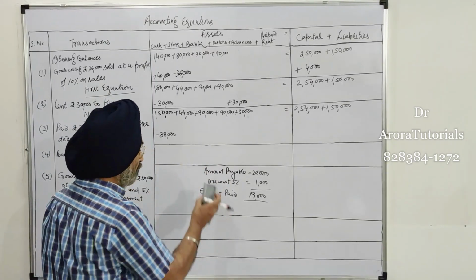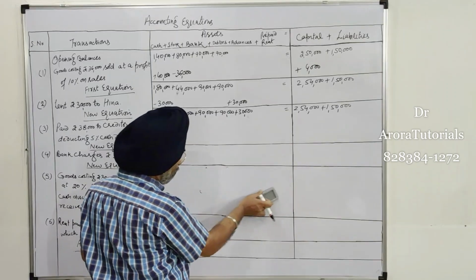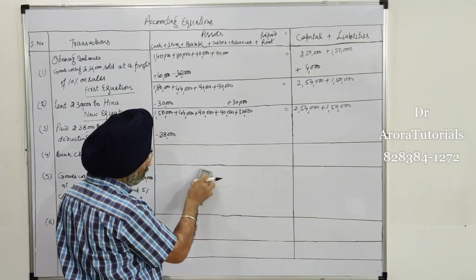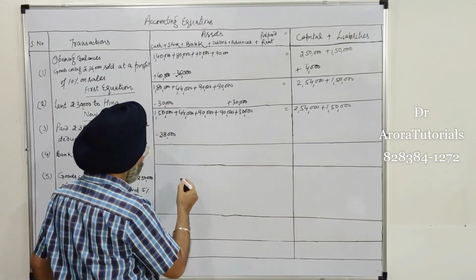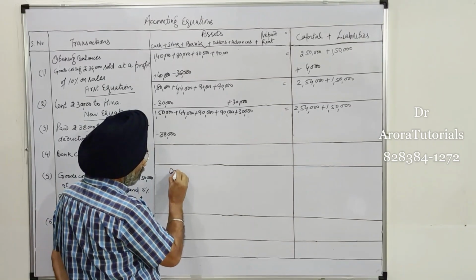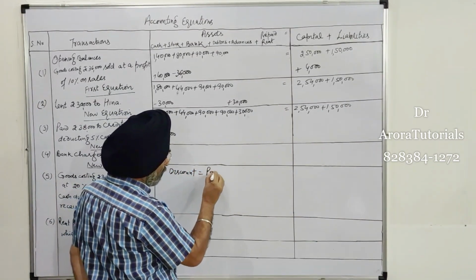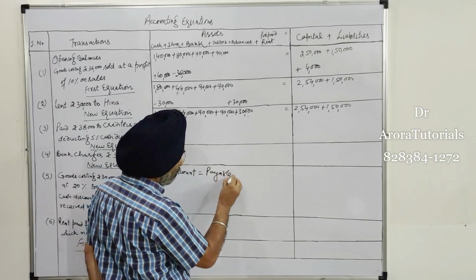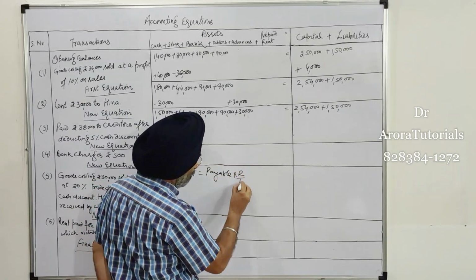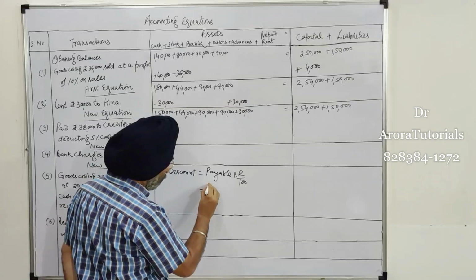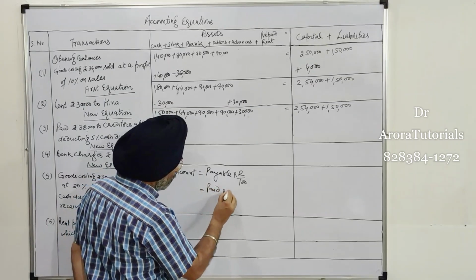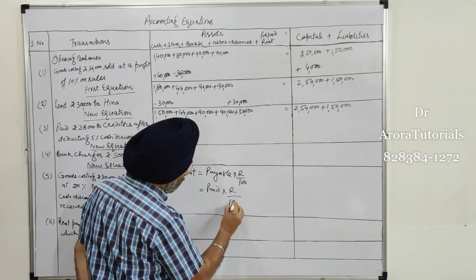So if the paid amount is given, then how do we calculate the discount? If the payable amount is given, it will be rate upon 100, and if the paid amount is given, then it will be rate upon 100 minus rate.